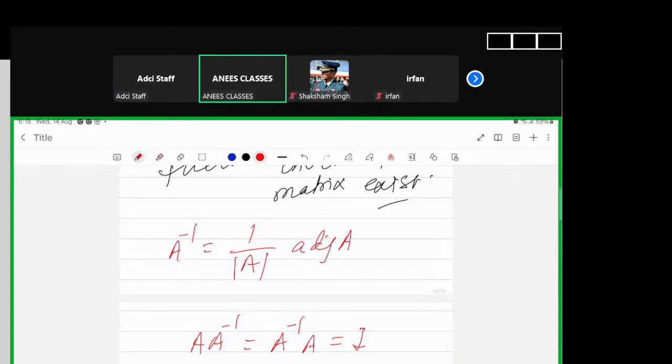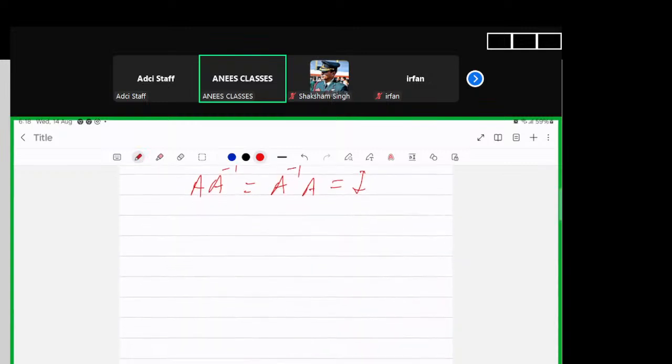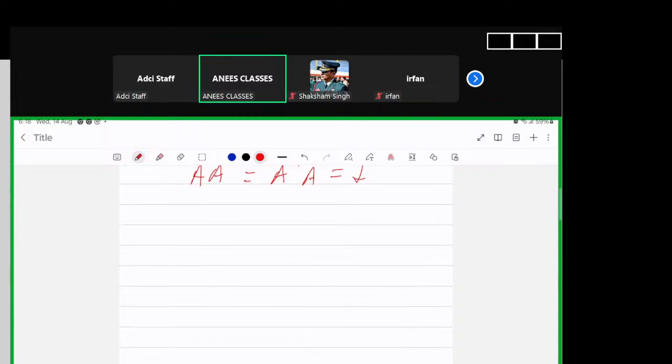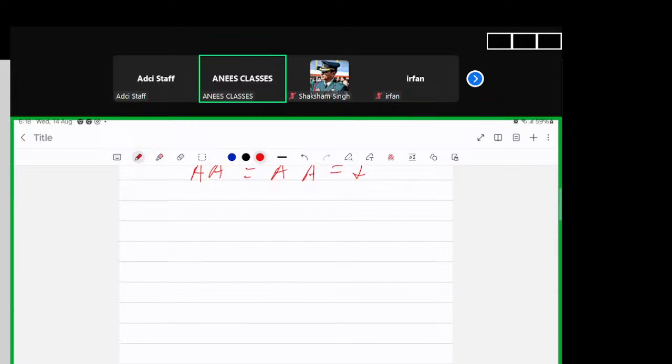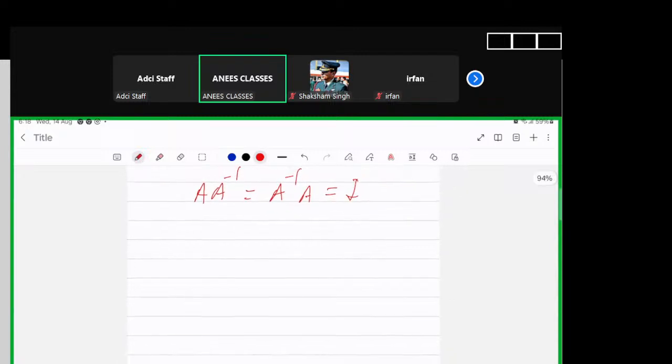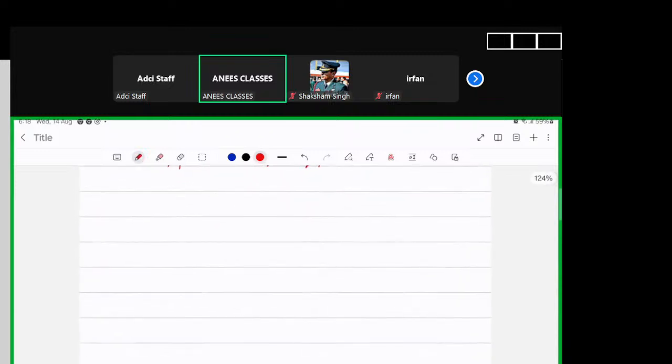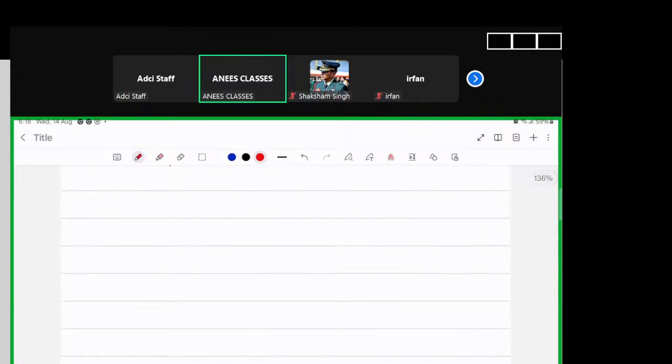Okay. Now, I will teach you a very, very important thing from where certainly a question will be asked, called application of determinants or matrices. One property, very, very important, learn this.